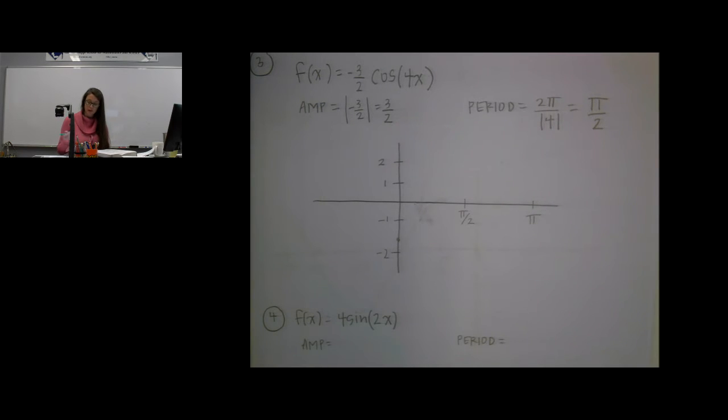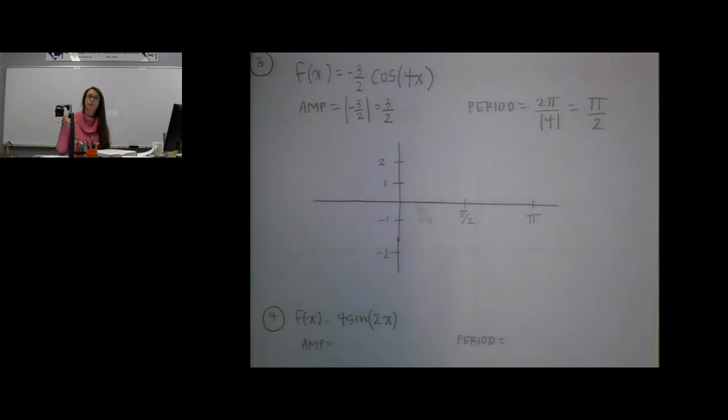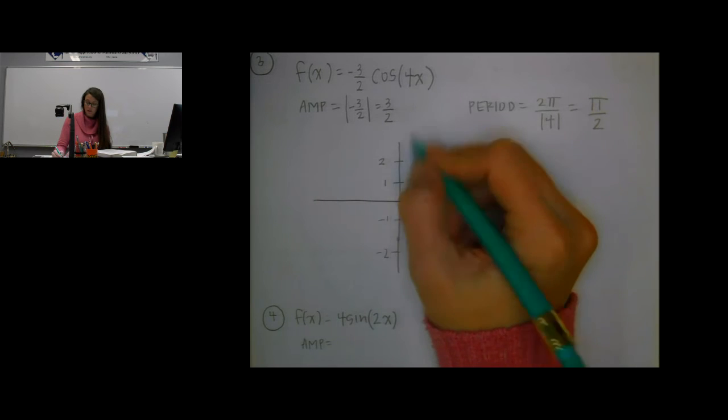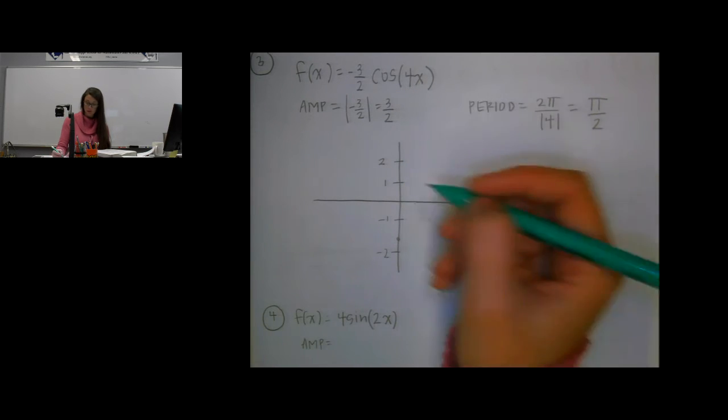Okay, so what values are in between 0 and pi over 2? There's a lot of values that you could plug in. You could plug in pi over 3, you could plug in pi over 4, you could plug pi over 6 in, and so pi over 6 would just be what? 2 pi over 3, so 2 pi over 3 basically.